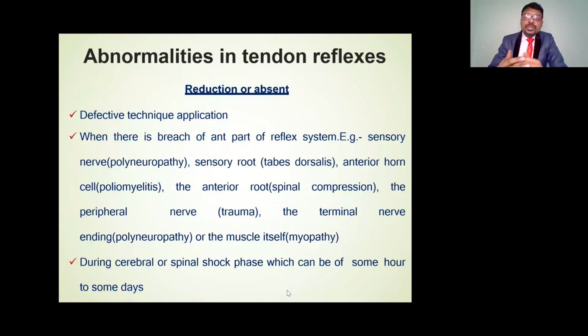Why are we going to find the superficial reflexes in spinal cord injury, and also how are we going to perform the deep reflexes?